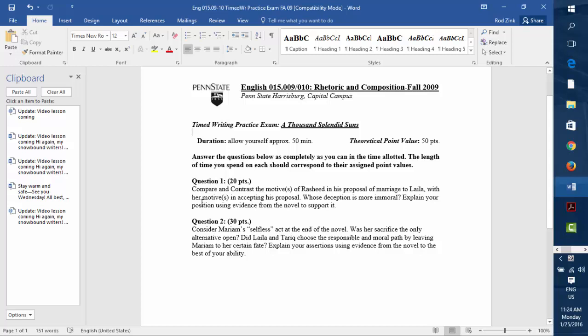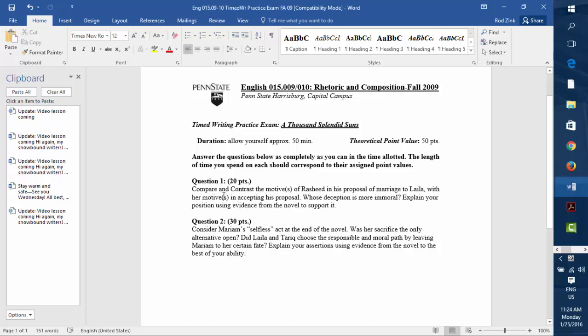And then we can take a look at the kinds of questions here. Compare and contrast the motives of Rashid in his proposal of marriage to Layla with her motives in accepting his proposal. Whose deception is more immoral? Explain your position using evidence from the novel to support it.